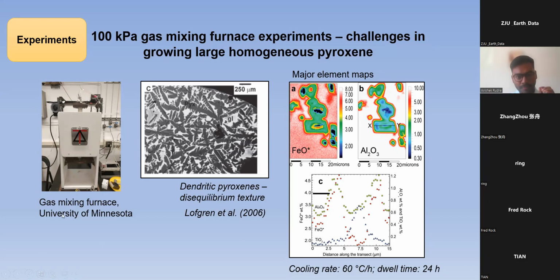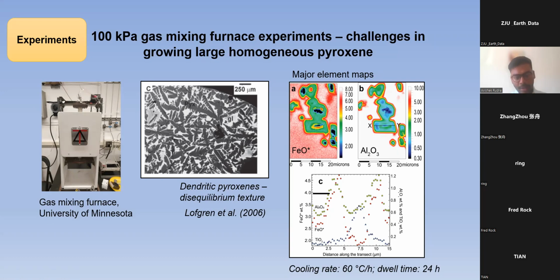We faced the challenge of growing pyroxenes, because it turns out that homogeneous pyroxenes are notoriously difficult to grow from the melt because of the presence of high valent cations like titanium, aluminum, chromium. They are very slow diffusing species, and they want to make pyroxenes which are highly heterogeneous in terms of their composition. So that's why you see all the sector zonings.